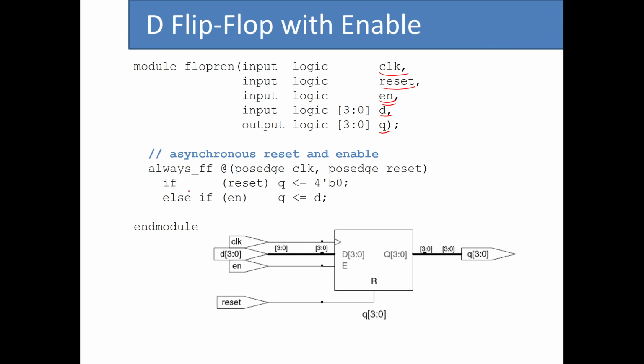Else if, basically if reset is 0, we need to check whether the value for the enable signal is 0 or 1. So if the value here is 1, that's when Q gets the value for D. But on the other hand, if the value for EN is 0, basically nothing would happen, and we wait for the next rising edge of the clock or the next rising edge of the reset signal.